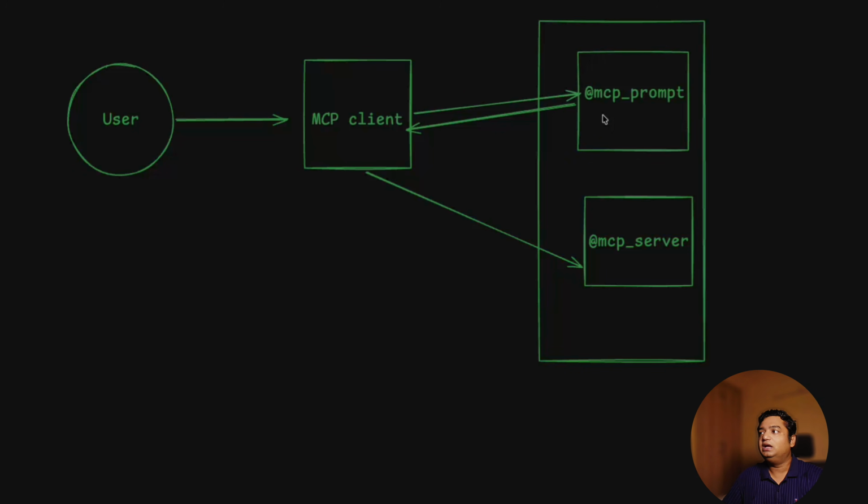Then your prompt is refined and passed to the MCP client, and this MCP client passes the refined prompt to the MCP tool, not the MCP server, because this whole thing is the MCP server. Right now we'll see this in the code. We have refined the MCP client and the MCP server to include the prompt feature. We'll look into it now.